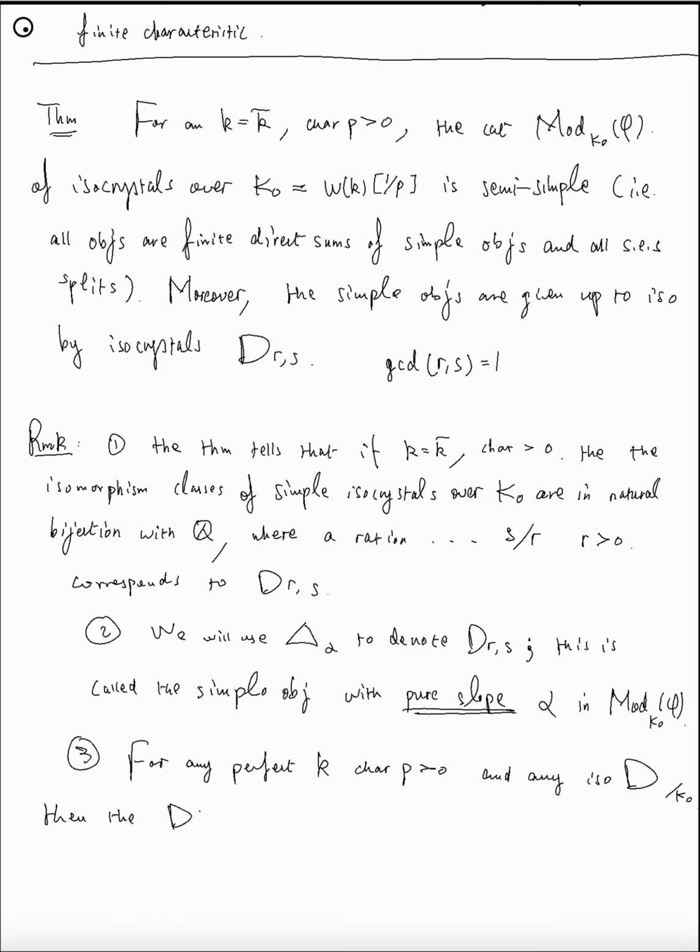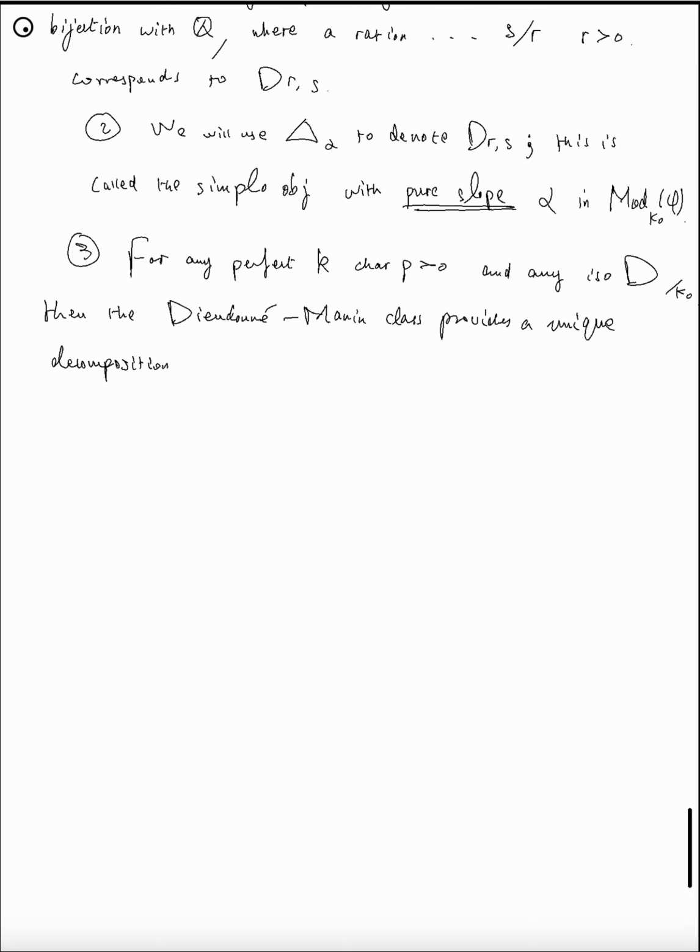Then the Dieudonne-Manin classification provides a unique decomposition, since any element could be written as a finite sum. Here it says a unique decomposition not of the isocrystal D, but of its scalar extension to K0 unramified hat, in the following form.